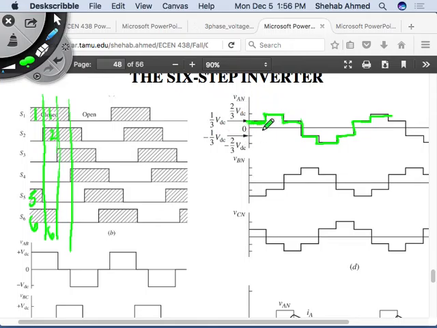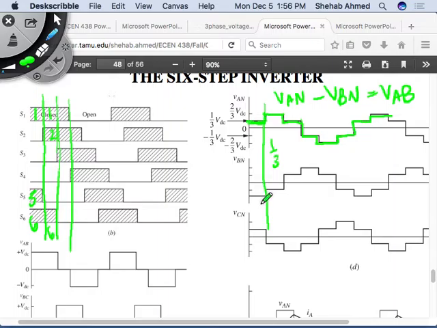And this is phase A voltage with respect to neutral. Phase B voltage with respect to neutral. Phase C voltage with respect to neutral. How about my line voltage? The difference between them: VAN minus VBN will equal VAB, right? So what's VAN? 1/3.